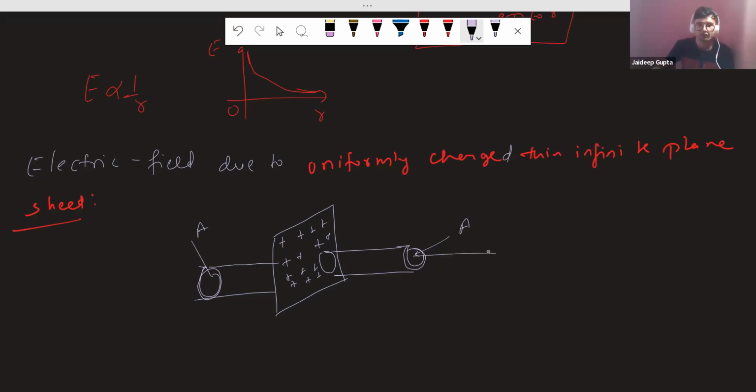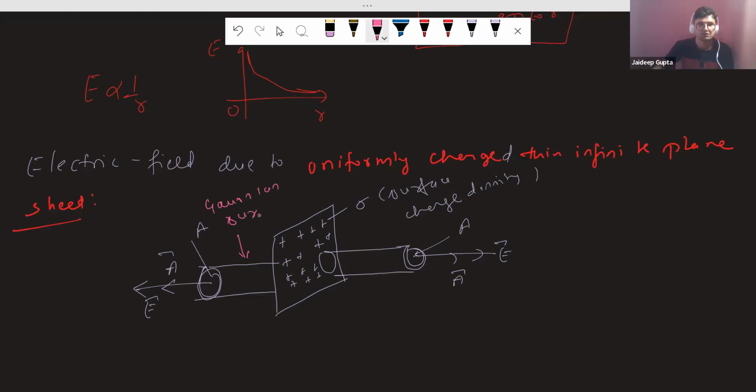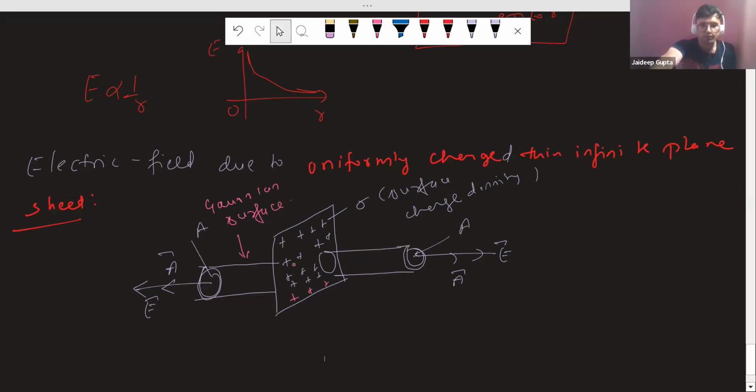So electric field will be away, and area vector will have the same direction. Fine. Having surface charge density sigma. This is the Gaussian surface. What is the shape of the Gaussian surface? Cylindrical. Okay, Iram. Yes.